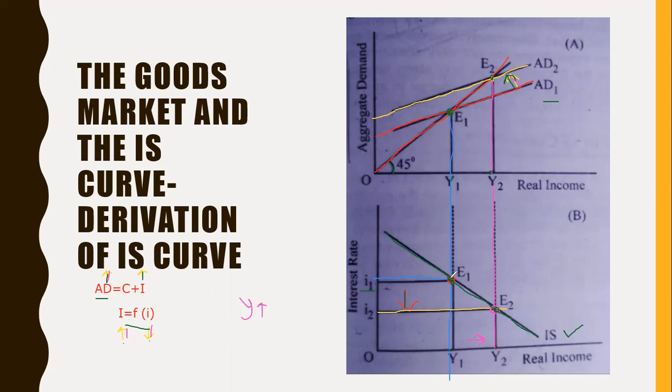So now we have 2 points, E1 and E2, in the lower panel. We join these and extend the line. We derive the IS curve. So all points on the IS curve are drawn in such a way that they correspond to equilibrium points in the goods market.